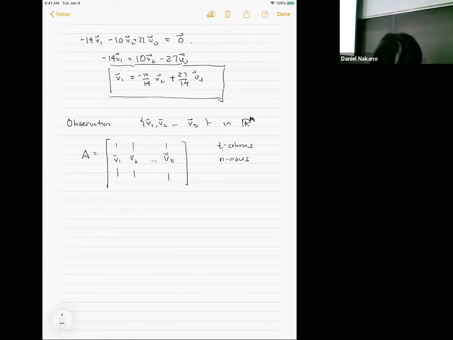So if t is bigger than n, there has to be a free variable. So Ax equals 0 has a non-trivial solution.